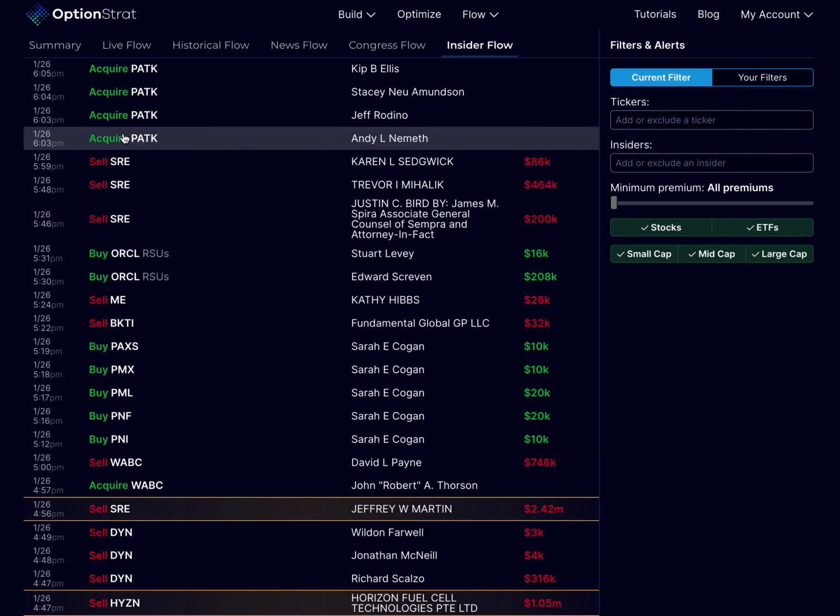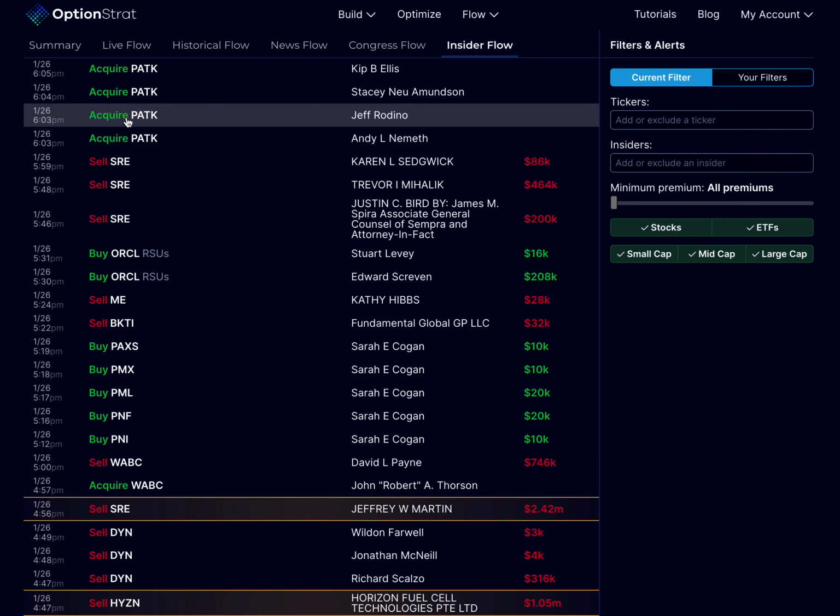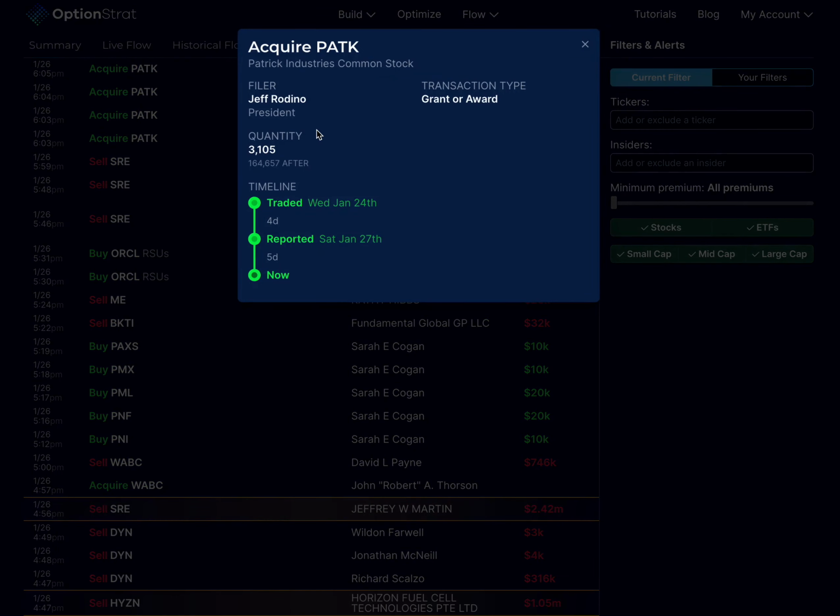Or we also see there's something called acquire. Acquire doesn't necessarily mean that they bought them. You see, there's no price here that they paid. So in this particular case, the shares were granted or awarded to the person, likely as part of their performance package.